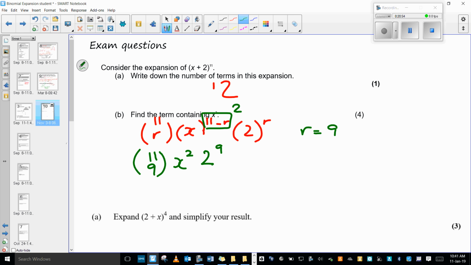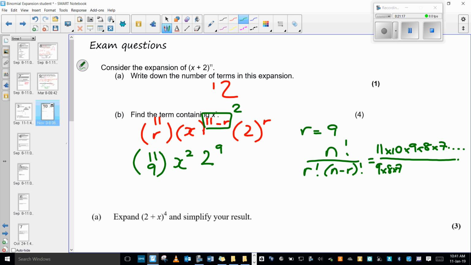If you remember, that is n factorial over r factorial times n minus r factorial. So ours is 11, 10, 9, 8, 7 over 9, 8, 7, and 2 times 1.